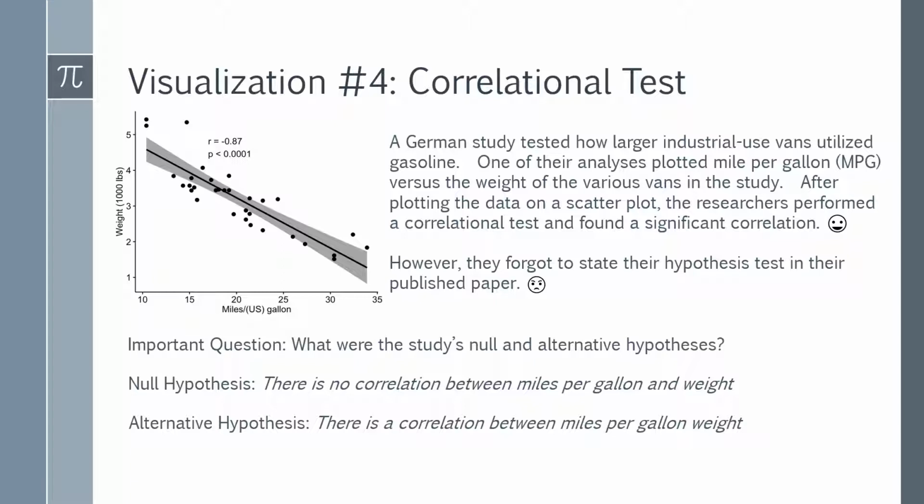However, they forgot to state their hypothesis test in their published paper. So the question here is, what were the study's null and alternative hypotheses? So, looking at this, we can tell the null hypothesis would state there is no correlation between miles per gallon and weight. So alternatively, the alternative hypothesis would state there is a correlation between miles per gallon and weight.